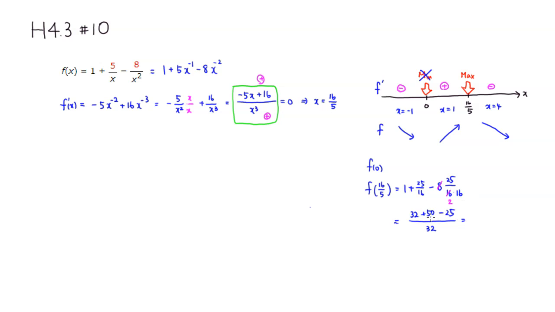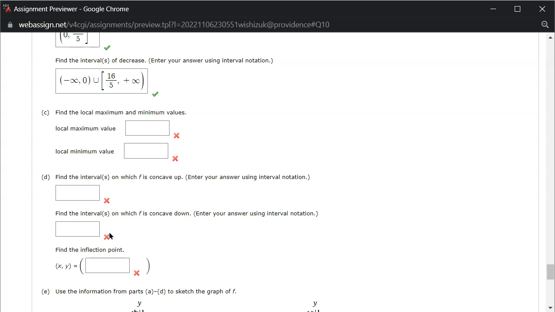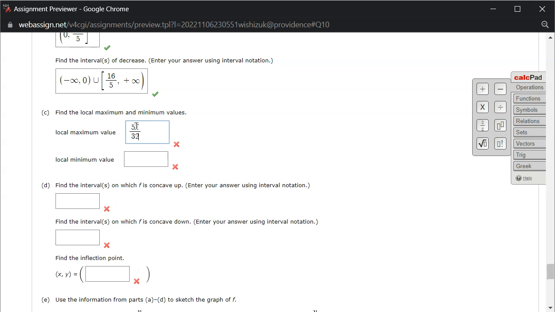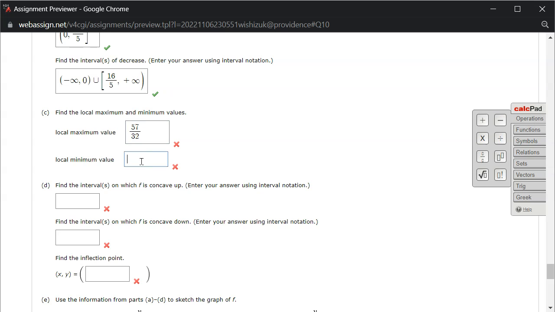So this is going to be 25 plus 32, so it's going to be 57 over 32. So we're going to have 57 over 32. That's the maximum. The maximum value is 57 over 32, and then the minimum value does not exist.